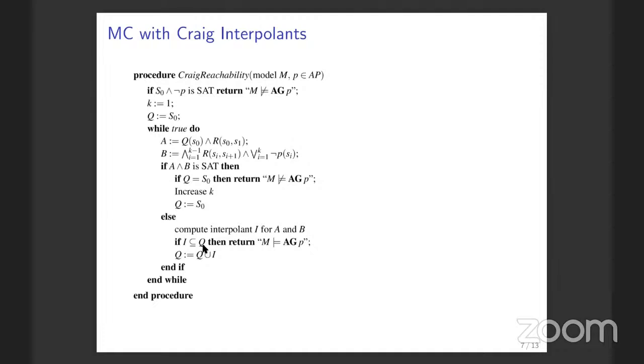If it is contained, then I itself is a fixed point. If not, I will add the interpolant I. Right in the beginning, Q is initialized to S0, so I just take a union of it, and then I compute a further K-safe interpolant to see if, with that K, I have reached a fixed point.